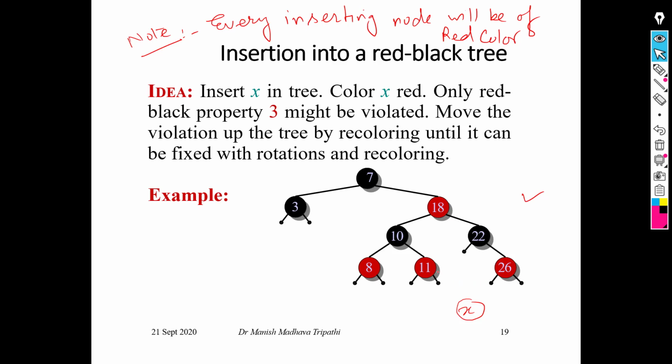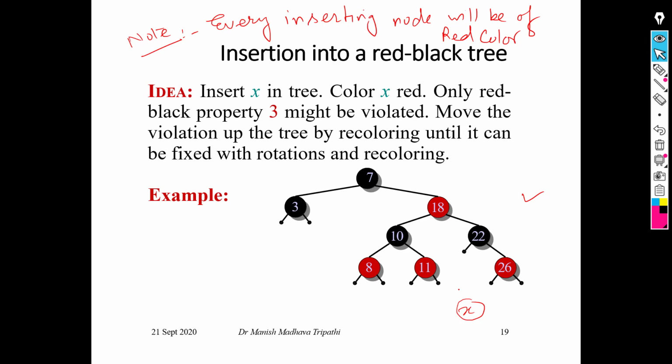That means every red node will be having both of its children black. But in this case, what happens? X is red color and 11 is also red color. So red and red both are coming at the same time. So this is a violation of property number 3, and therefore we have to do something to manage the property again.